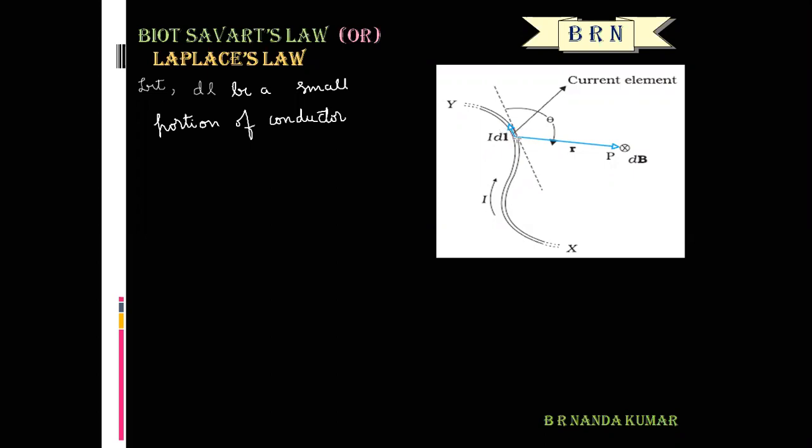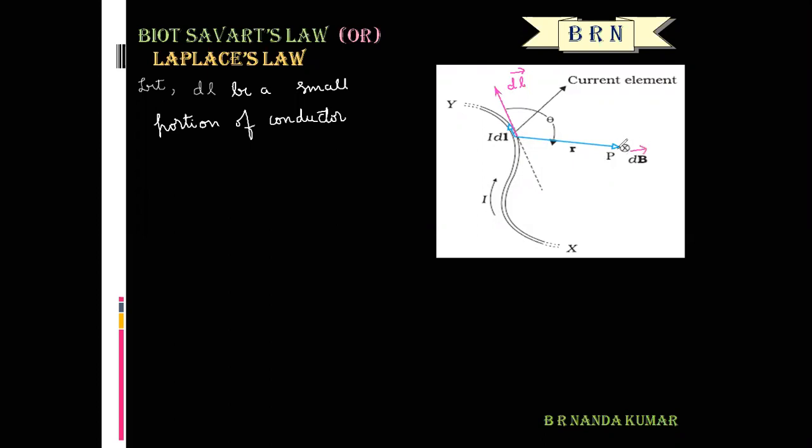The direction of dl vector is tangent to the circular path. So here this is the direction of dl vector. Theta is the angle made by dl vector and dB vector.